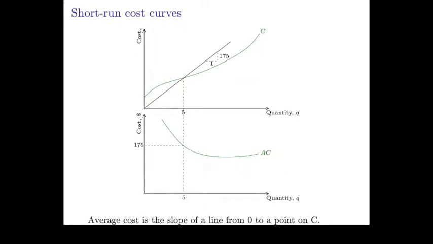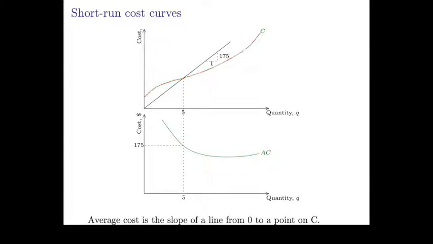Now, remember, this was our cost curve. How do we get from this to our average cost curve? And we're going to want also the average variable cost and so forth. If you go back to the last chapter, we had our production function, and from our production function, we were able to draw the average product and the marginal product.